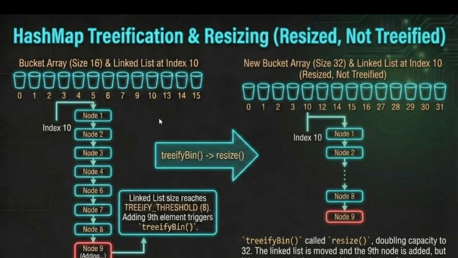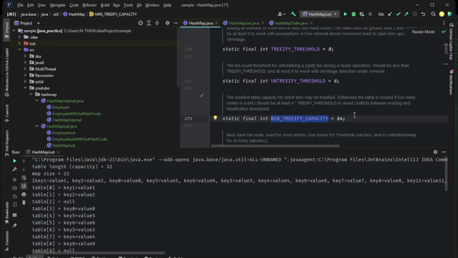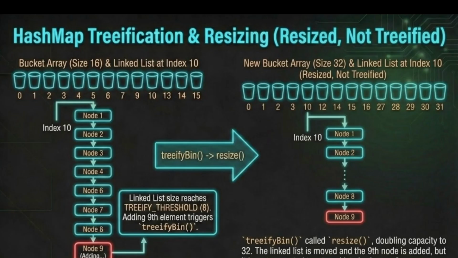Here, what is the bucket table size? 16. And what is the Treeify threshold? 8. But as per this, we need 64. Unless the table is 64, it will not convert to a tree.